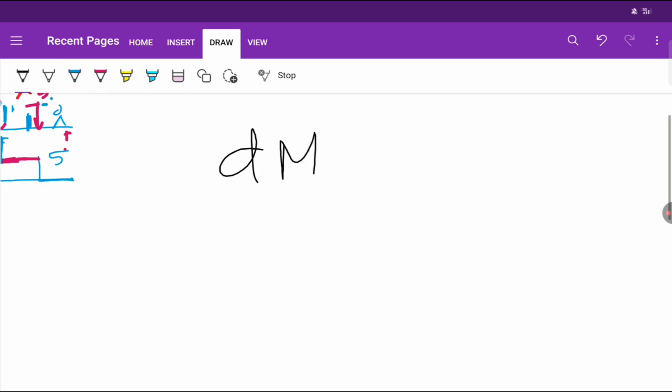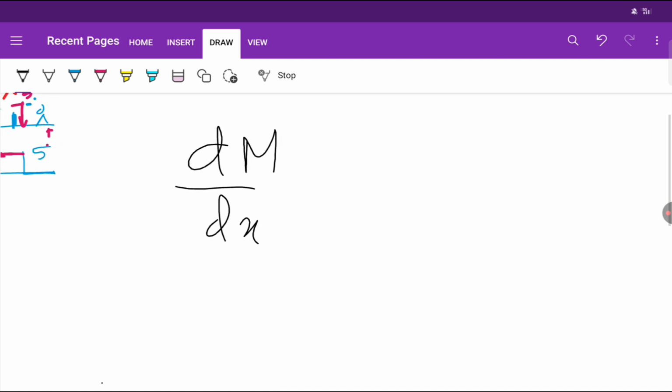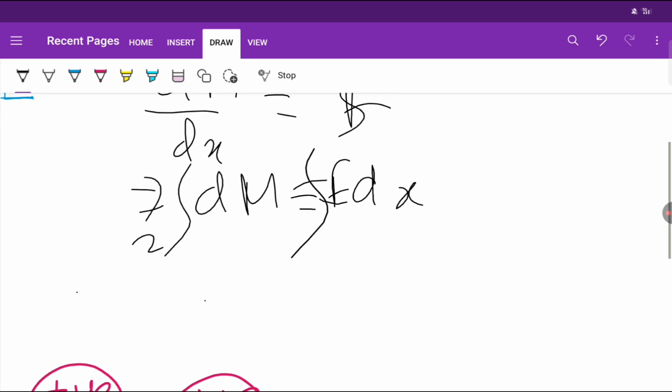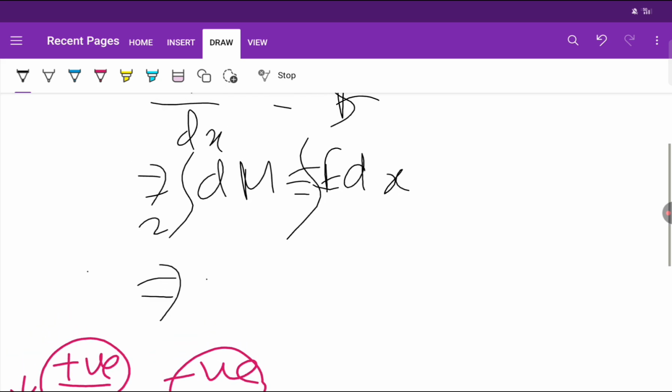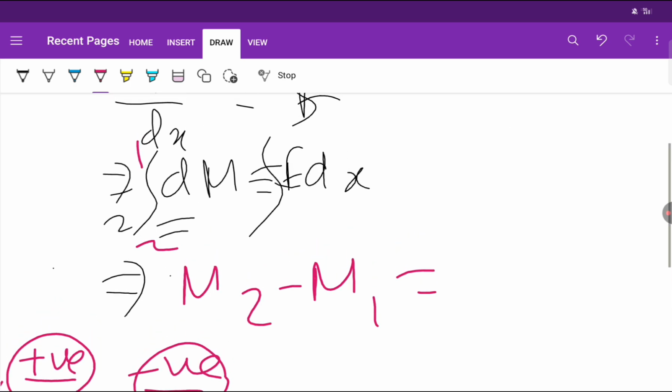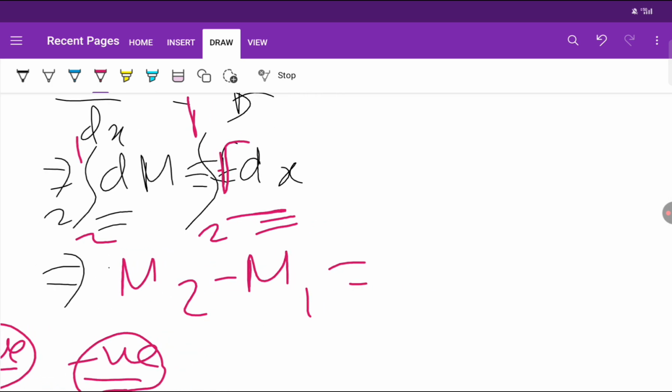We know that dM by dx, the first derivative of moment, is the shear force. So dM equals F dx, and if I take the integration between two points, the difference of moment from M2 to M1 is equal to the area of the shear force diagram, from your basic maths of applications of integrals.